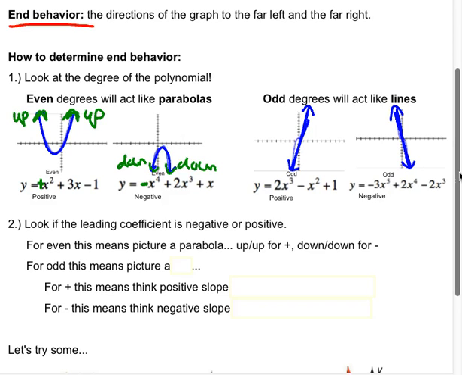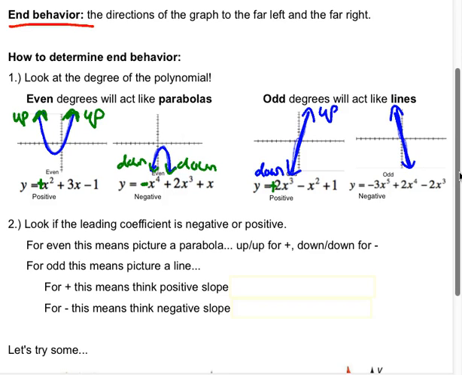For odd, remember, think a line. Here this is a positive 2, so I'm just going to sketch it one more time as I'm emphasizing this. Positive, think of a line with a positive slope. Doesn't that look like a line with a positive slope if you're just stretching it towards those endpoints? So positive slope, what's it going to do? It's starting at its bottom and then working its way up. So this one would be down, up.